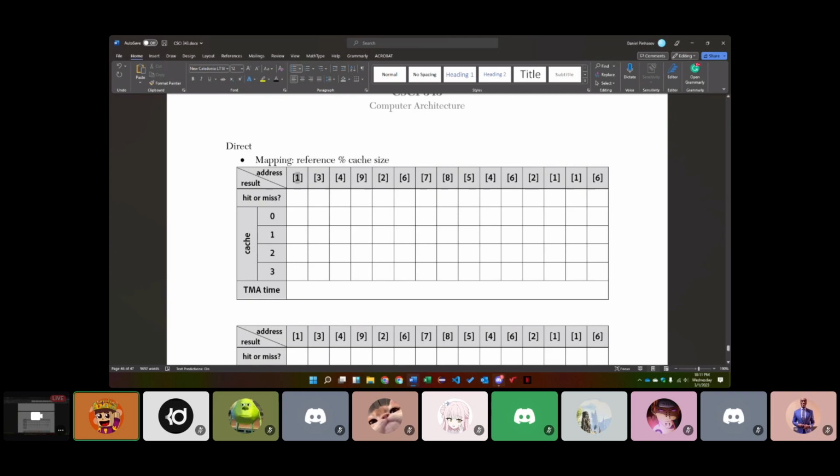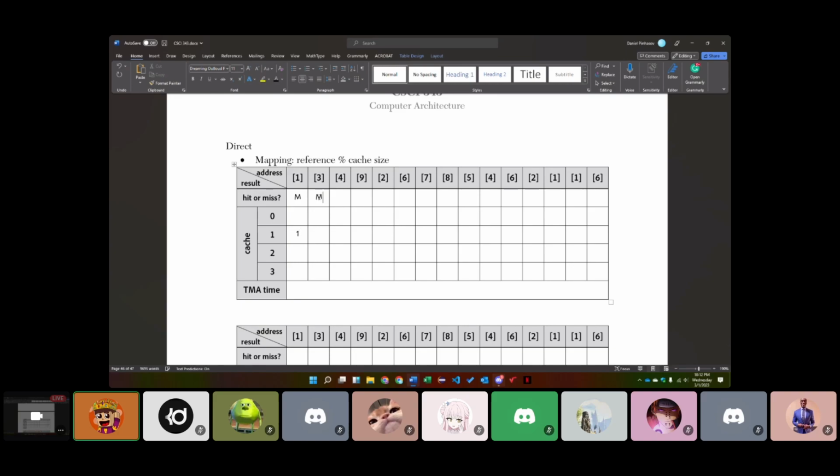Let's say the first one, obviously it's a miss, it's not in the cache. And then where does it go? It goes in the 1, which is the reference mod cache size, we're using cache size 4. So 1 mod 4 goes in location 1.